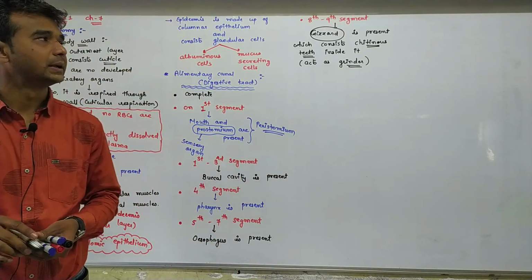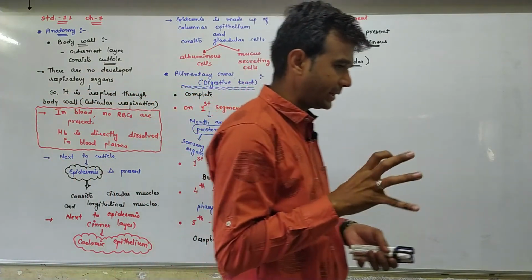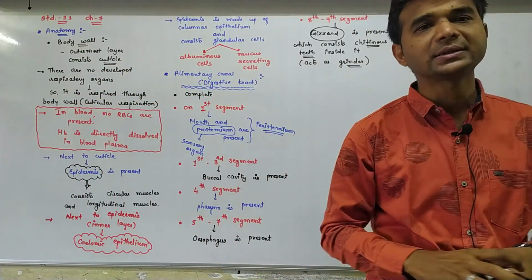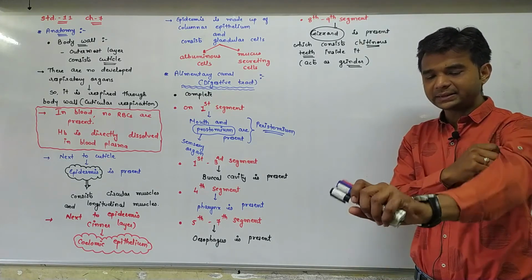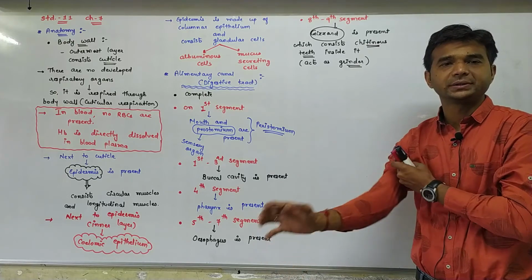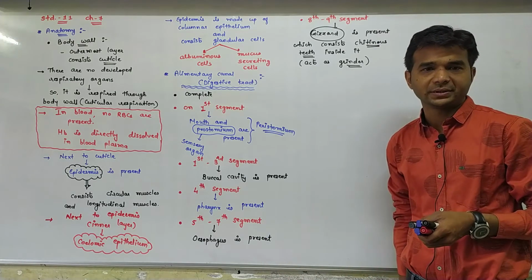In the 8th to 9th segment, actually it is present mostly in the 8th segment. In the 8th segment, the gizzard is present, and in the gizzard chitinous teeth are present.